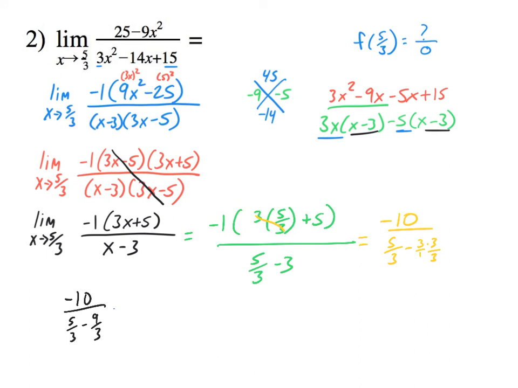Okay, so that becomes -10 divided by -4/3. And when you divide, you flip and multiply, so that becomes times -3/4. All right, you can put a 1 down there. If you want to, this reduces with this to be a 2 and a 5. Don't forget that negative. So multiplying the top, I'm going to put -15 over 2.